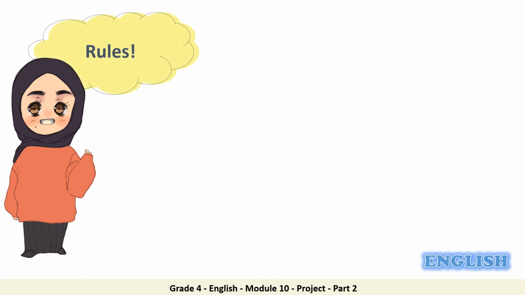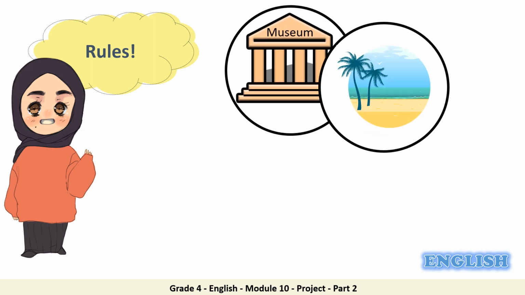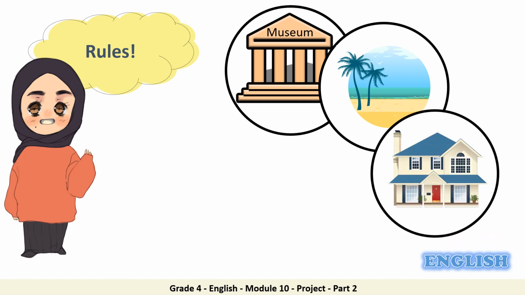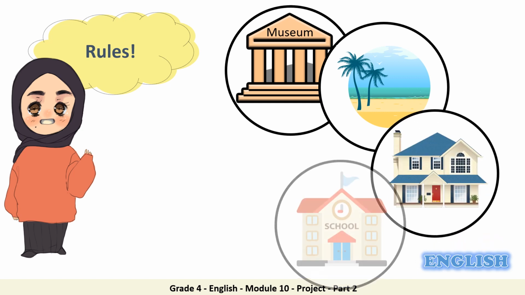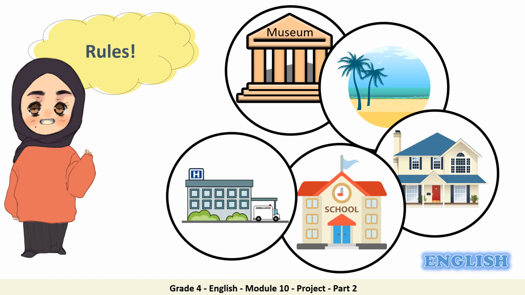And when we talk about rules, we all know that rules apply in many places, such as museums, the beach, in the house, at school, at the hospital, and many more places.